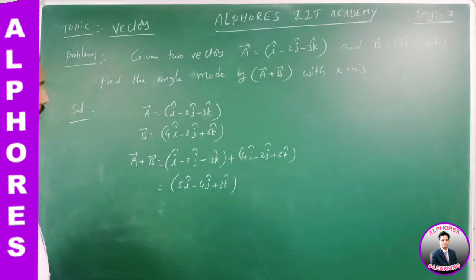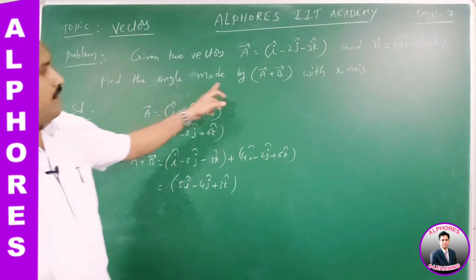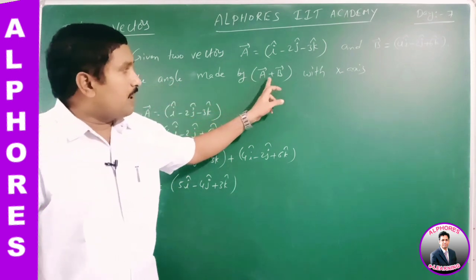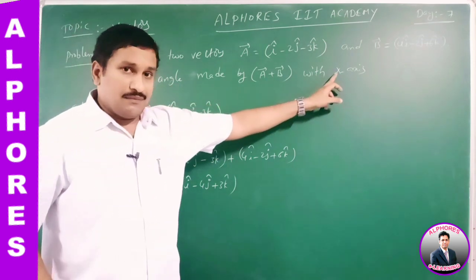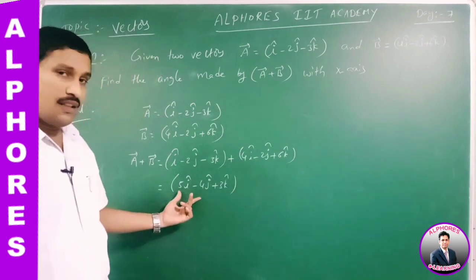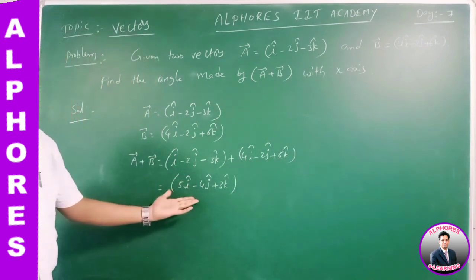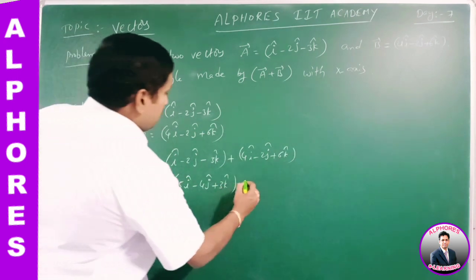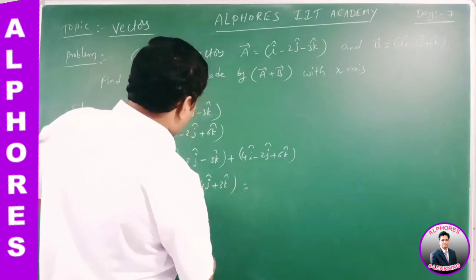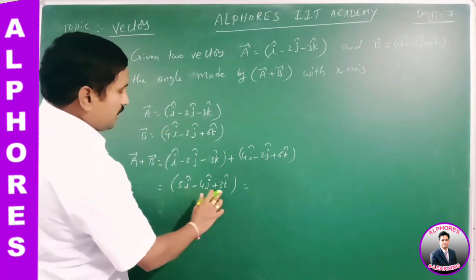Now I have to find the angle made by this a bar plus b bar with the x-axis. This is a 3-dimensional vector. After getting this 3-dimensional vector, it is compared with, let us say, x coordinate, y coordinate, z coordinate.